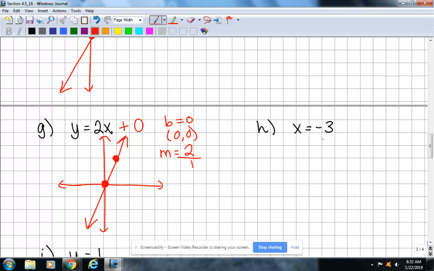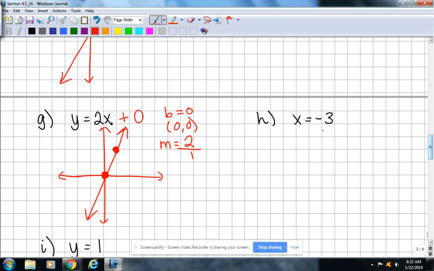Now, if it's vertical, what axis is it going to cross? Which one? If I could draw a straight x-axis, I might could graph it something. Sugar, that's close enough.